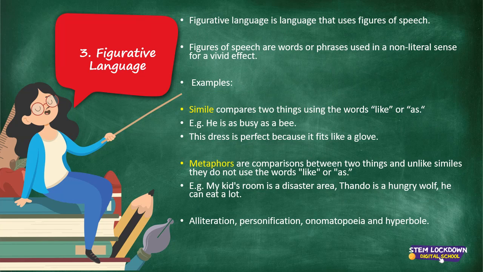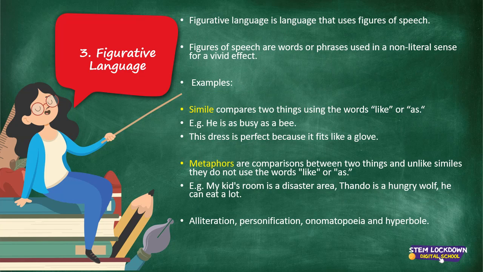They fall under figures of speech. The other thing that is not here that I didn't mention is idioms. Idioms are also part of the figurative language. They are not necessarily part of figures of speech, but they are part of the figurative language.